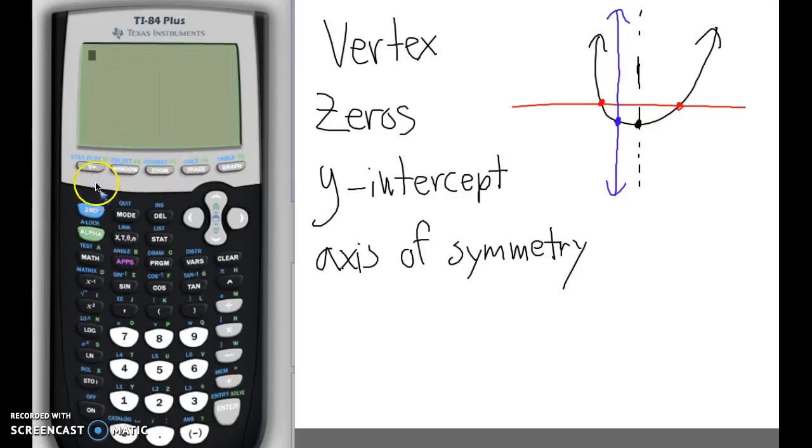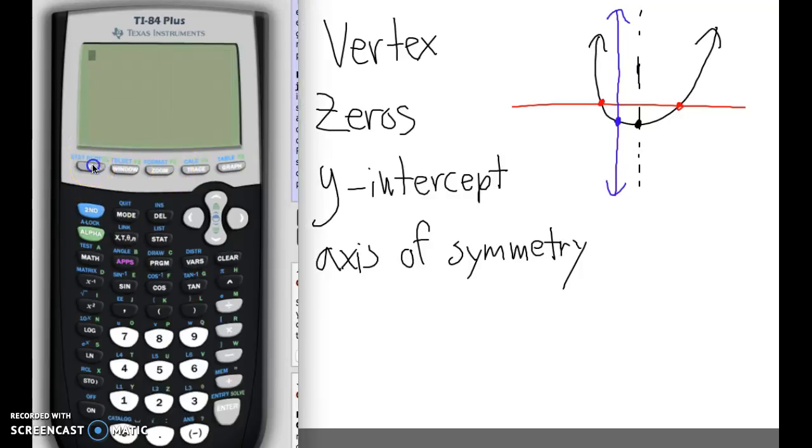So when looking at how to find these points, first we have to put them into the y equals. And so I'm going to go to y equals, and I'll just type in negative 3x squared plus 5x plus 2. And then when I look at my graph, I'm just going to go to zoom 6, which is my standard viewing window. And here I can see my parabola.